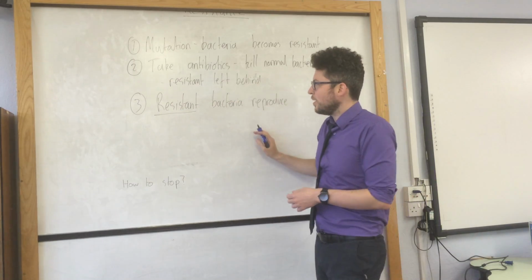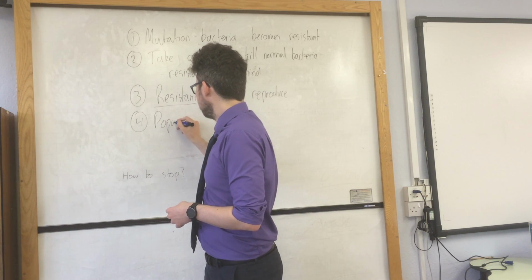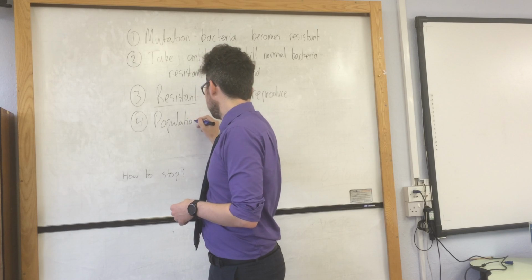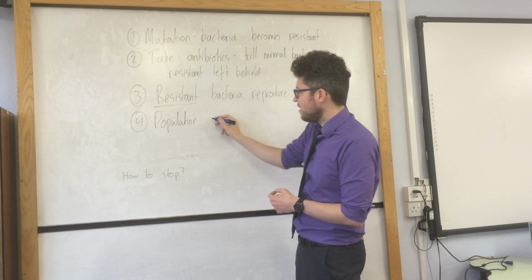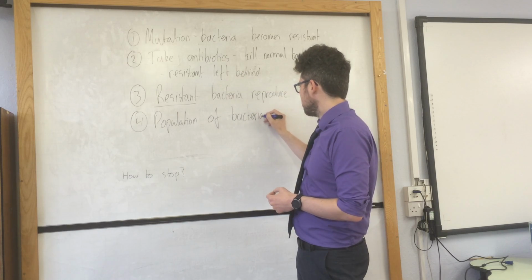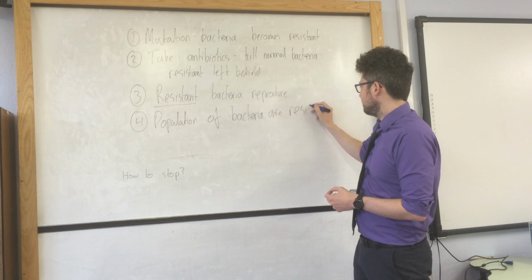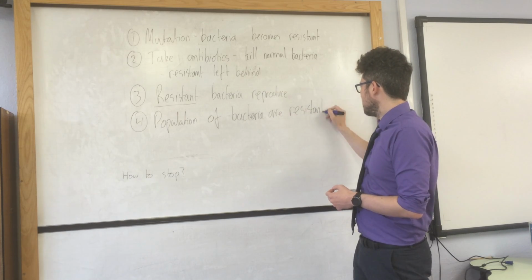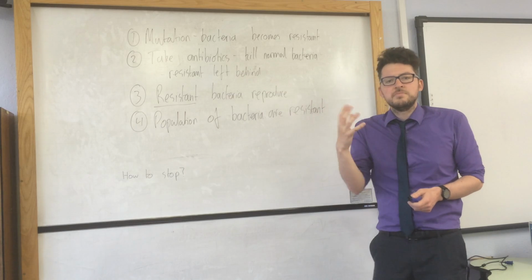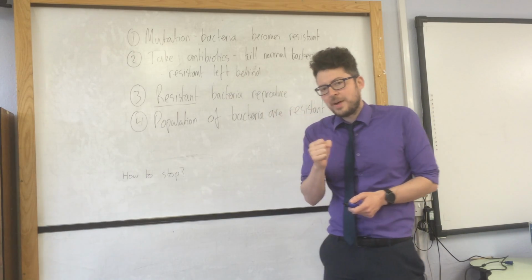And this leads very quickly to the whole population of bacteria are resistant. Now remember when I say resistant, resistant means that the antibiotic will no longer kill the bacteria.